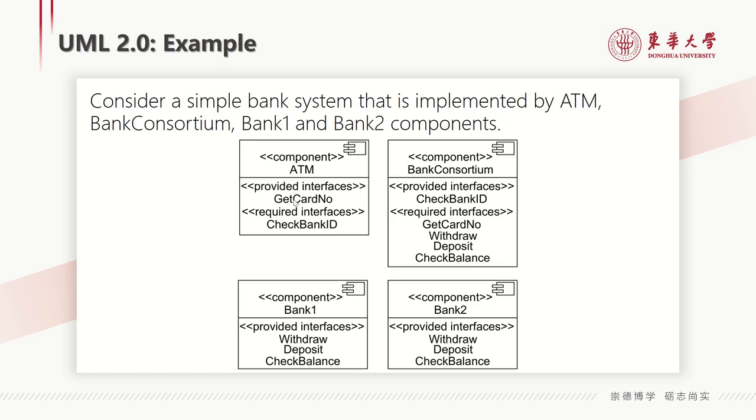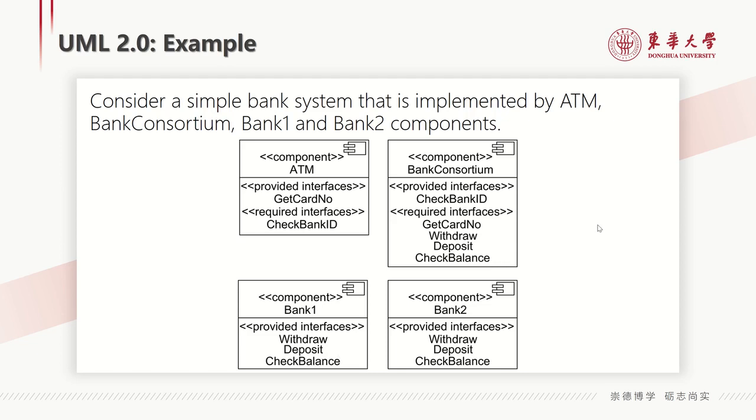For example, the ATM provides get card number and check bank ID, and the Bank Consortium has check bank ID as a provided interface. Its required interfaces are get card number, withdraw, deposit, check balance, something the customer will want to do. And the component Bank 1 has provided interfaces withdraw, deposit, check balance.